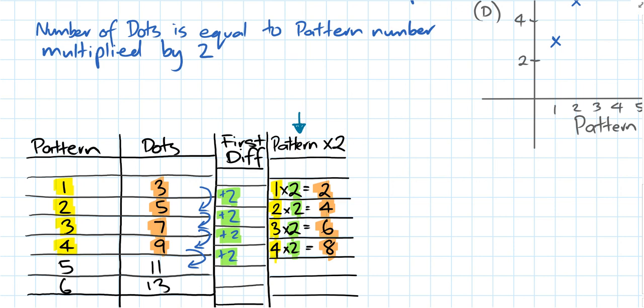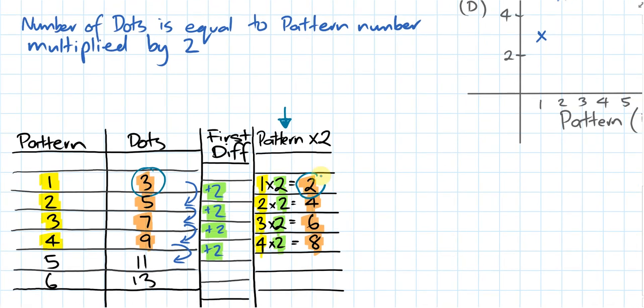So 1 times 2, the pattern number of 1 times the first difference of 2, gives me 2. If you go back to the original number of dots, I actually need 3 dots in that first pattern. Here I only get 2, so to get 3 dots, I need to add 1.